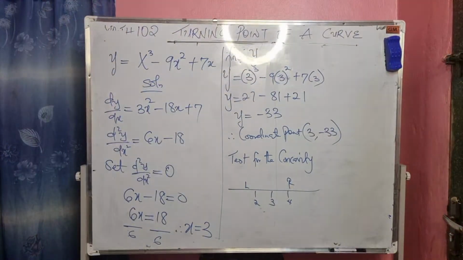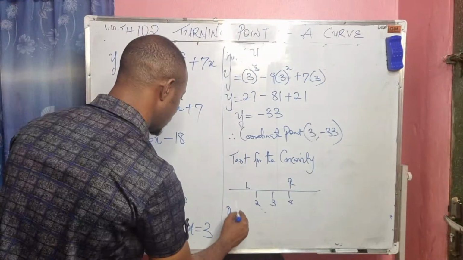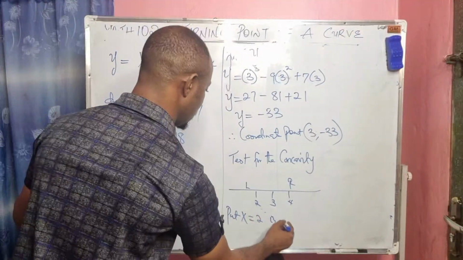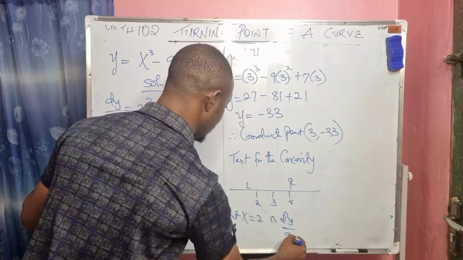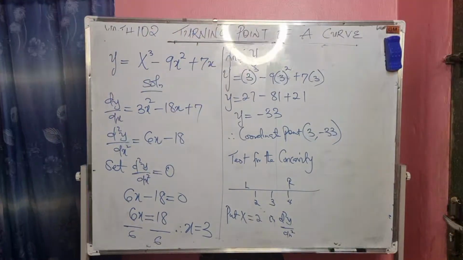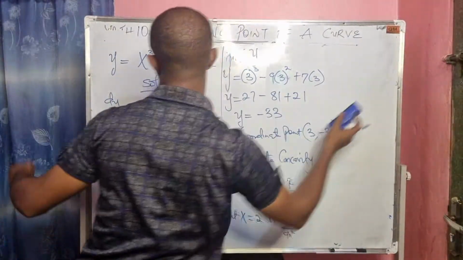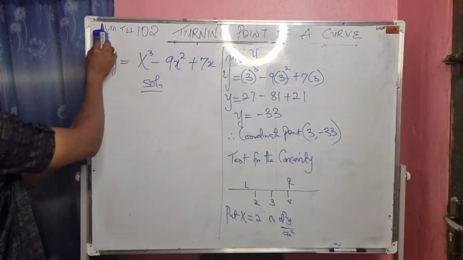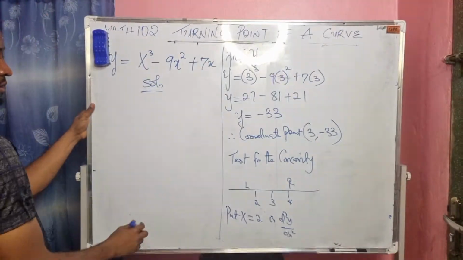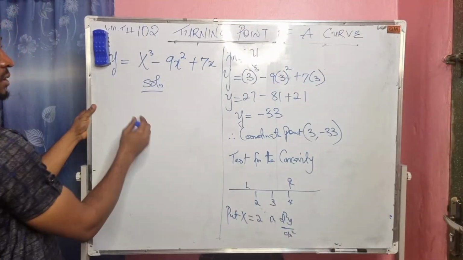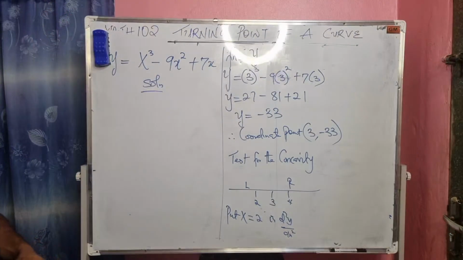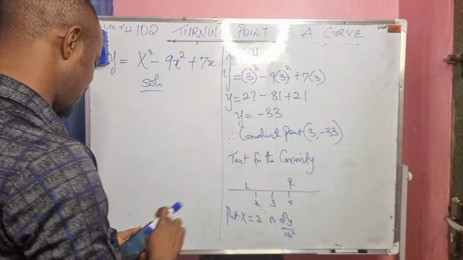To the left, I'm going to put x equals 2 in the d2y over dx squared. Let's look at what will be the result. Excuse me, let me get the function again.